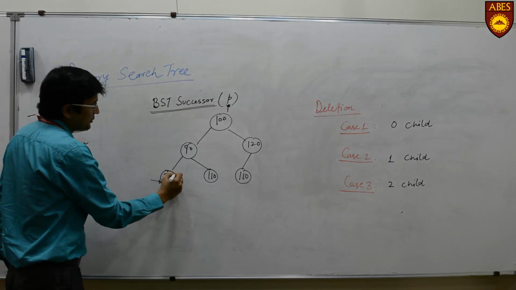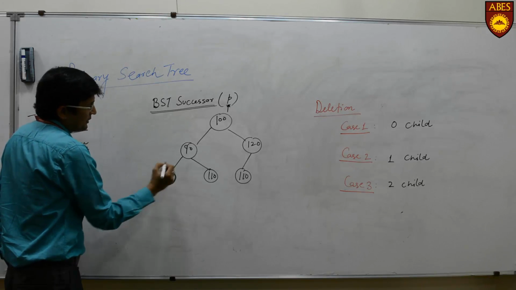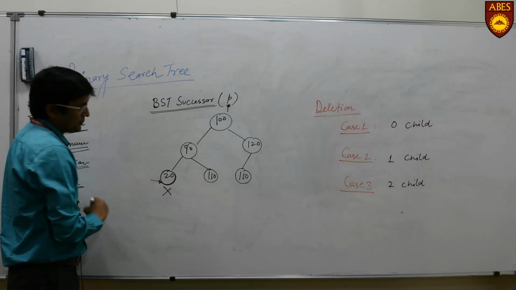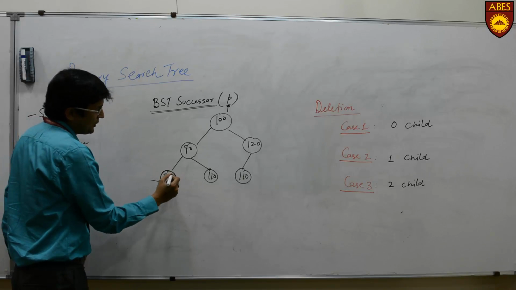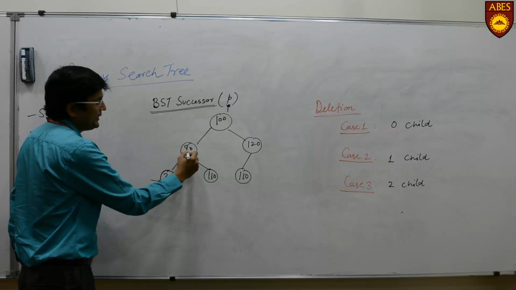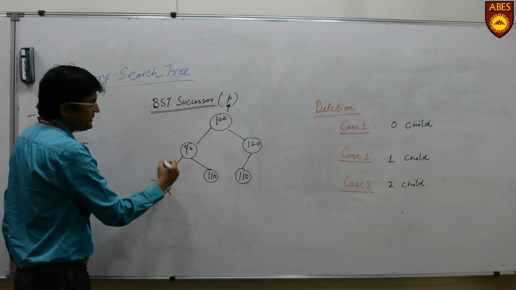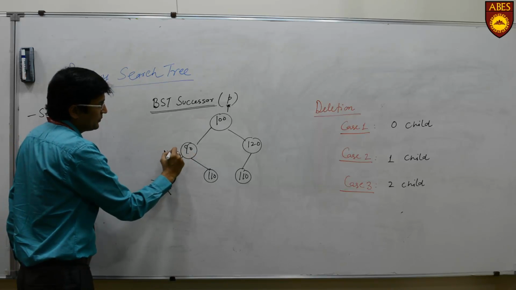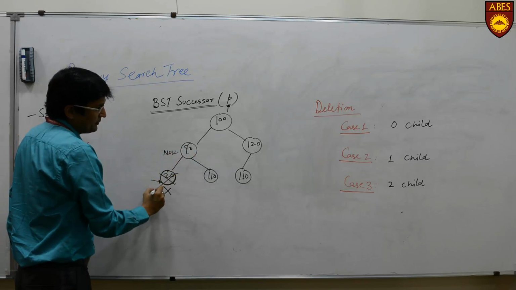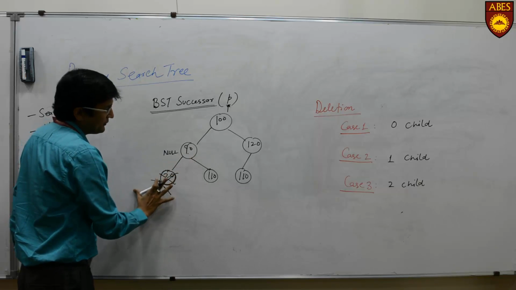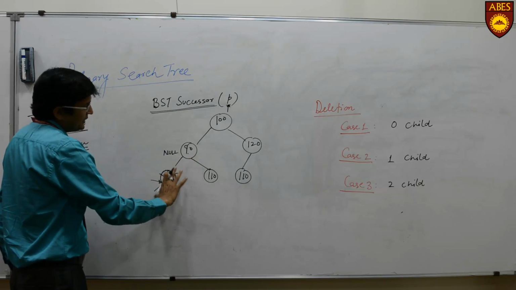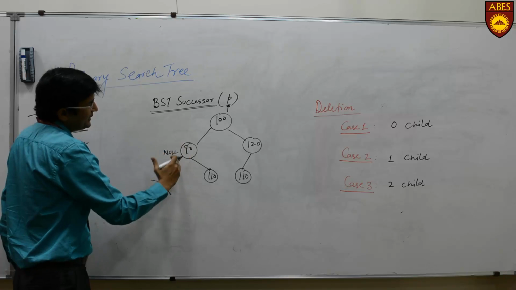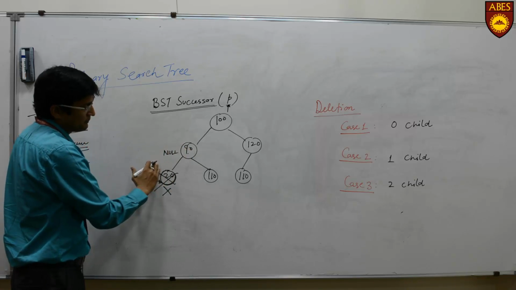If we want to delete this node, in that case, we will simply delete this node and we will find out if this node is the left child of its parent or right child of its parent. If it is the left child of its parent, we will set the left of its parent as null because this element will be deleted. There will be no element towards the left of 90. That's why we have said that we will set the left child of its parent as null.